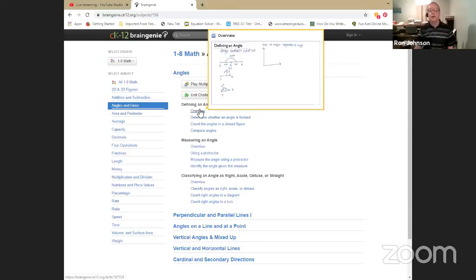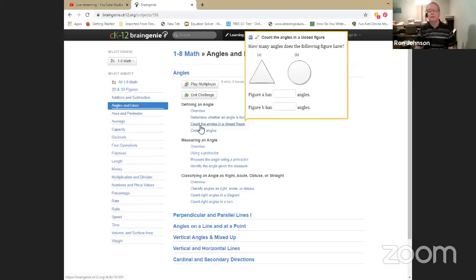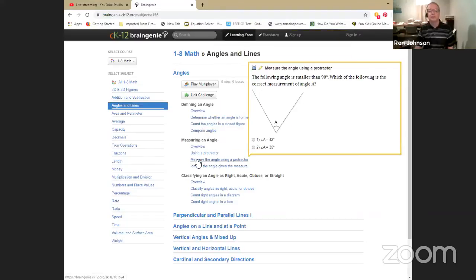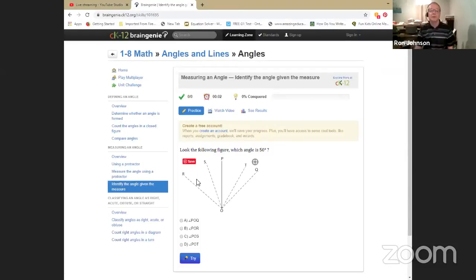It sort of will describe, it's defining an angle there, and it's showing you. Determine whether an angle is formed, count the angles in a closed figure, etc. Measure the angle using a protractor, identify the angle given the measure. So let's click on that for a second. So look at the following figure, which angle is 50 degrees? So you're going to look here and try to decide what is a 50-degree angle.